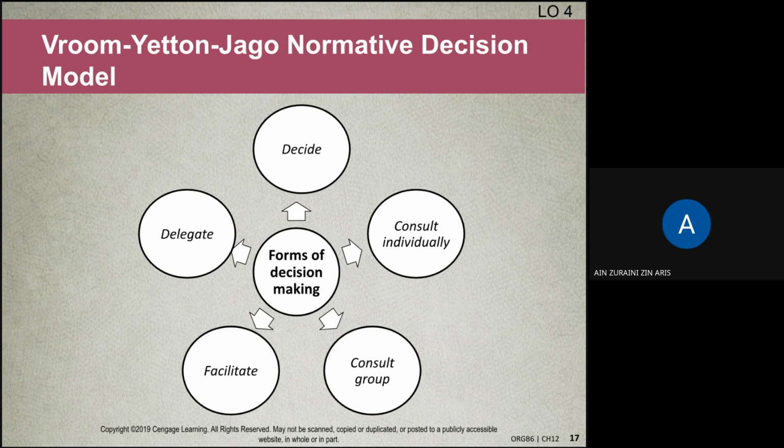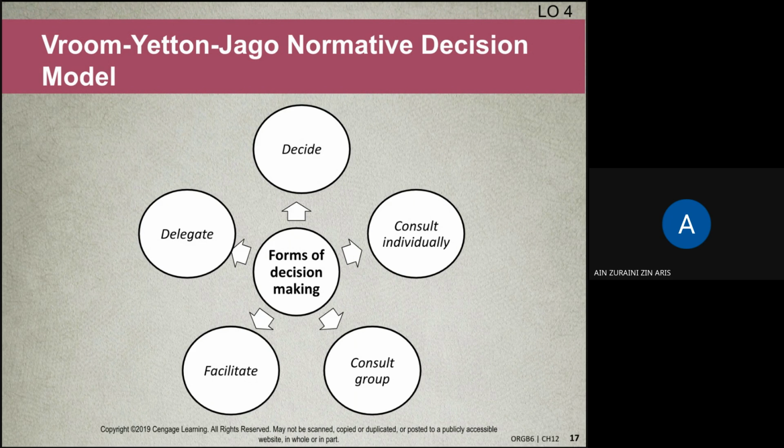The team input is used only to inform the leader's judgment, not to make the decision. For example, a project leader asks each team member for data on their task, but then finalizes the budget alone.